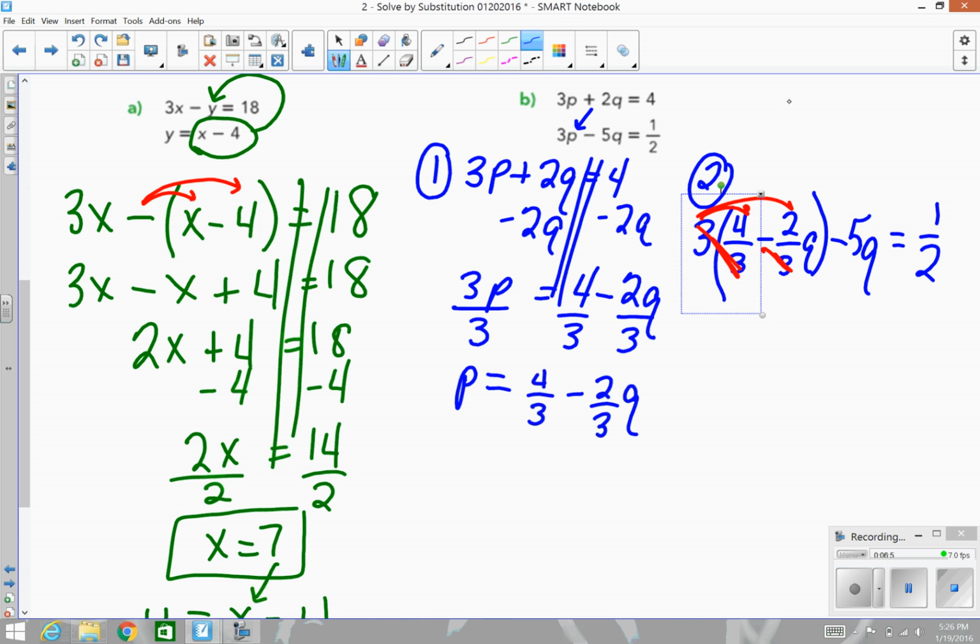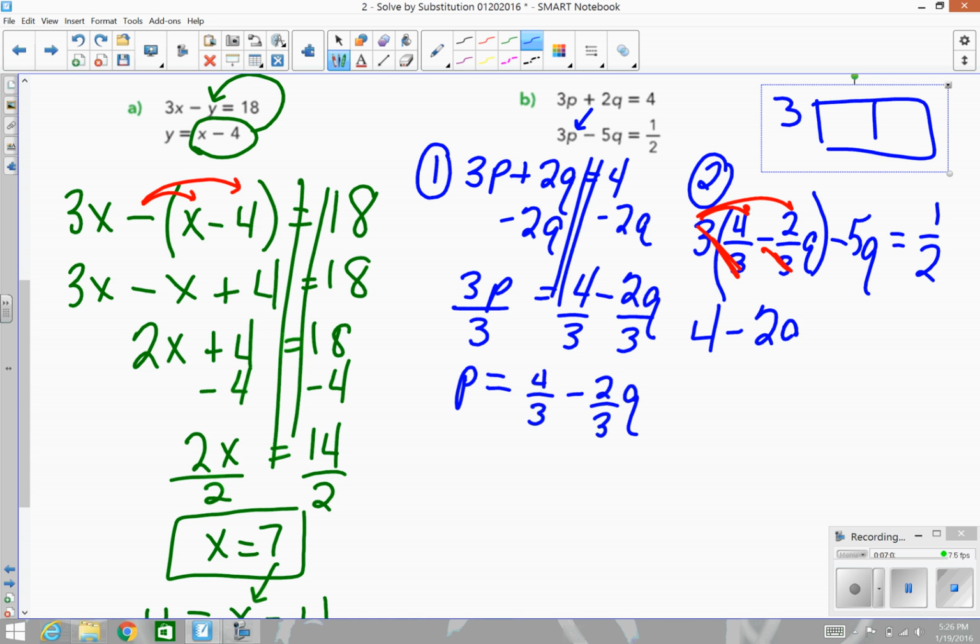If you need to, I would spend the time setting up your box so that you can really see that distributing. And what we get is 4 minus 2q minus 5q equals 1/2.